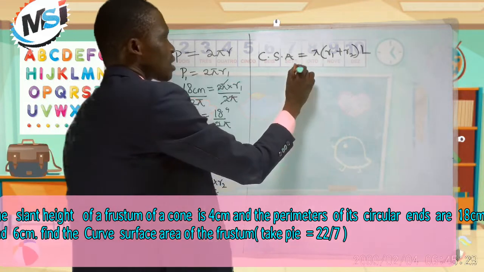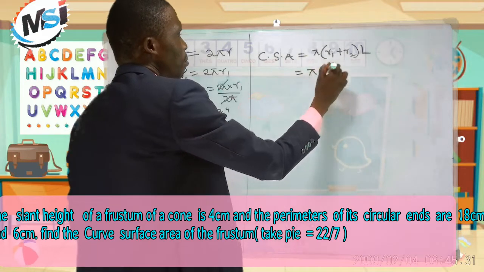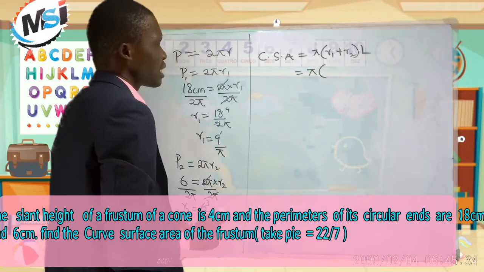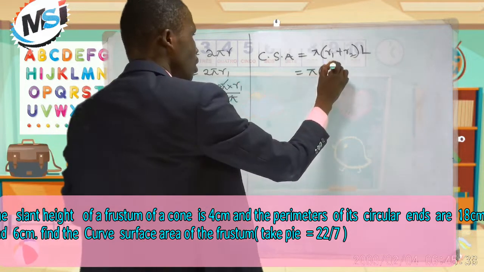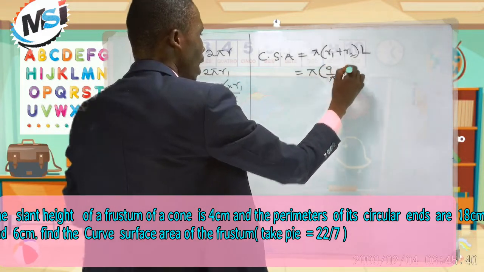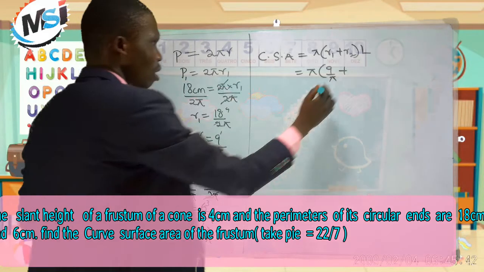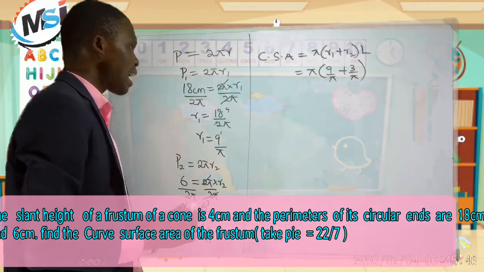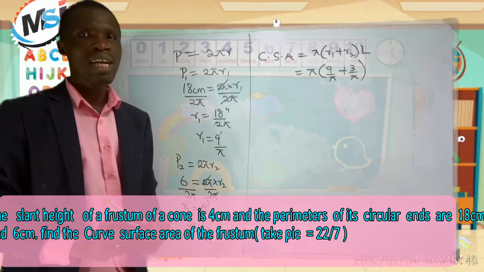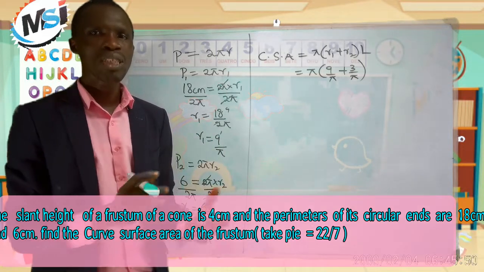So to do that, you can say pi bracket R1 is 9 all over pi, while R2 is 3 all over pi, right? Multiplied by L. From the question, L is given to us as 4 centimeter.